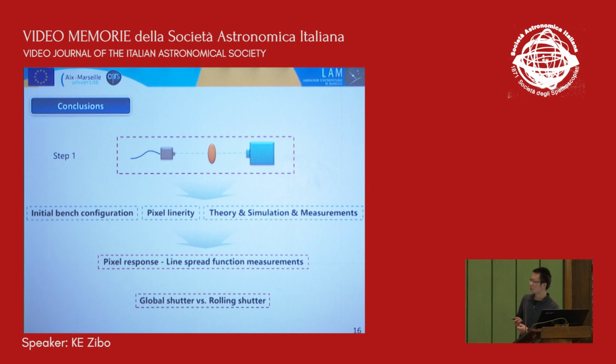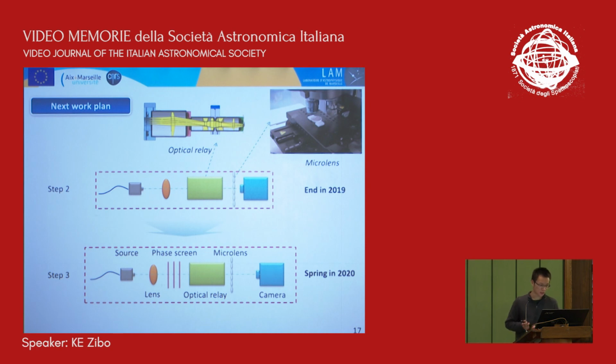And another part is to compare the global shutter with the rolling shutter. And the second step, we expected it to be done at the end of this year, and now we have the optical relay and the micro lens.